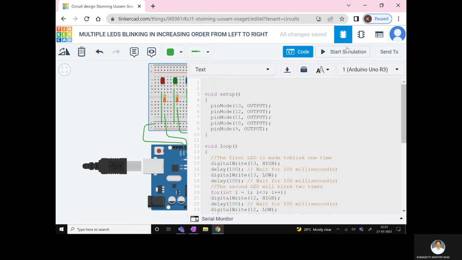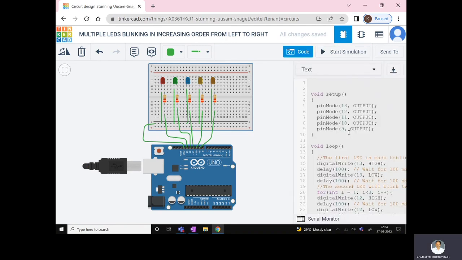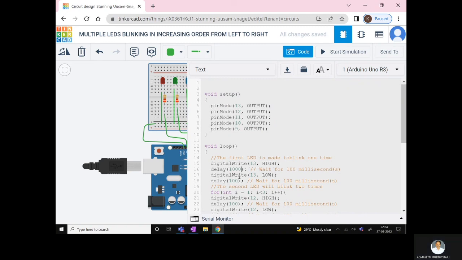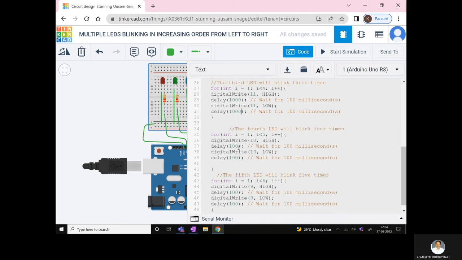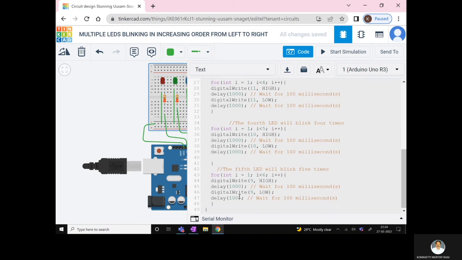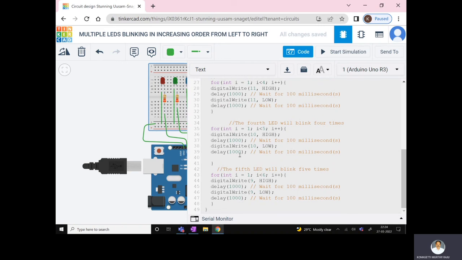Okay. Instead of 100 milliseconds, we change to 1000 milliseconds, here 1000, 1000, 1000, 1000, 1000.